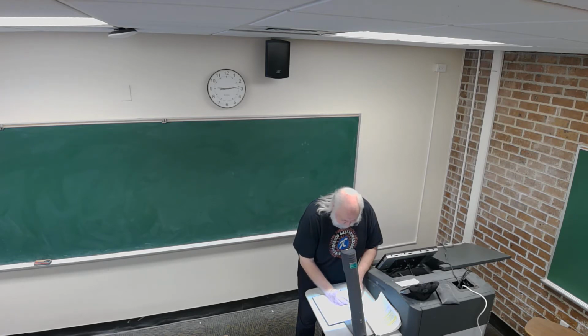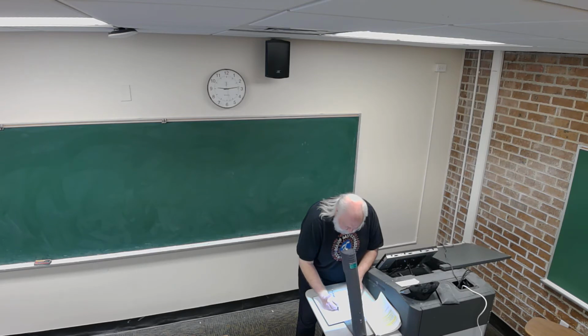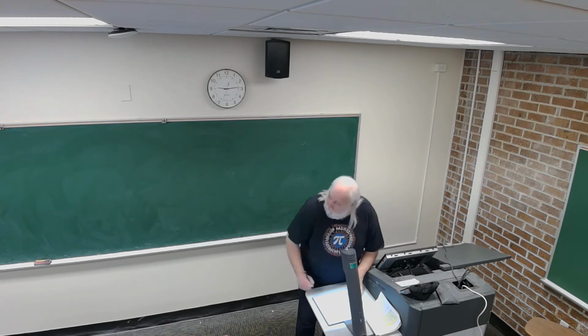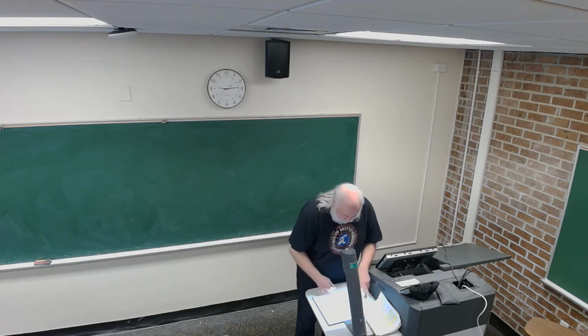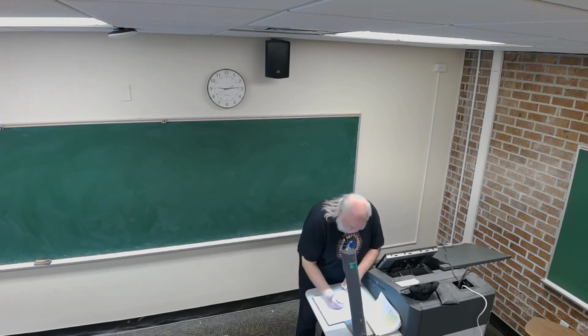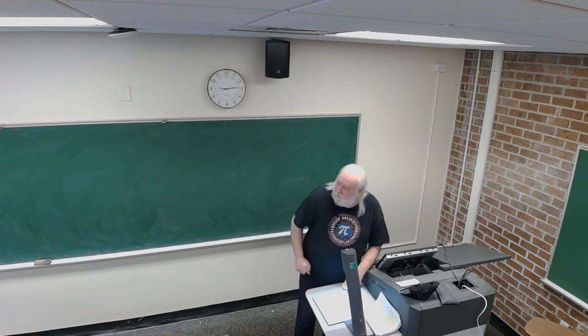So this says if n is less than m, so if the degree of the polynomial in the numerator is less than the degree of the polynomial in the denominator, we call that bottom heavy. And if the rational function is bottom heavy, then the equation of the horizontal asymptote, which is a horizontal line, is y equals 0.